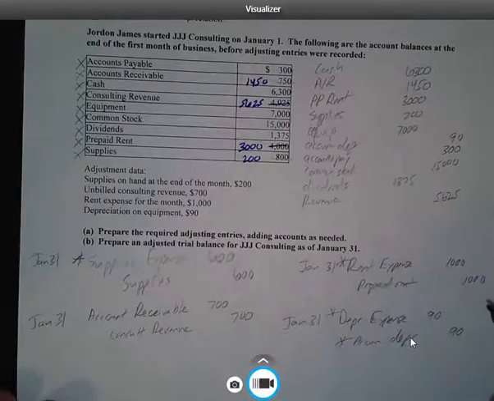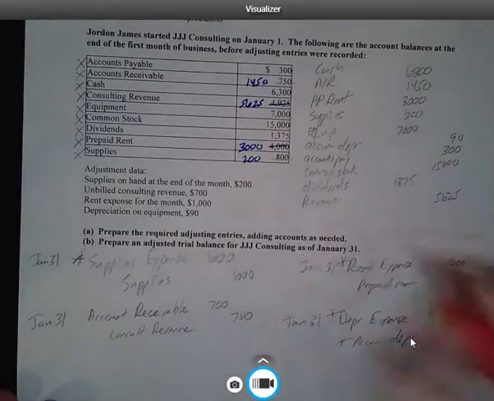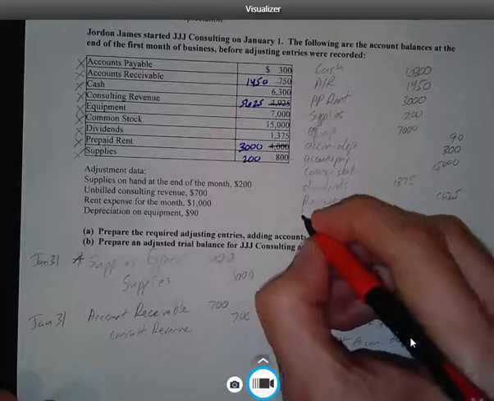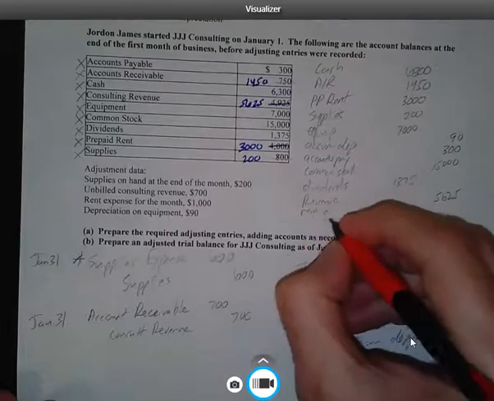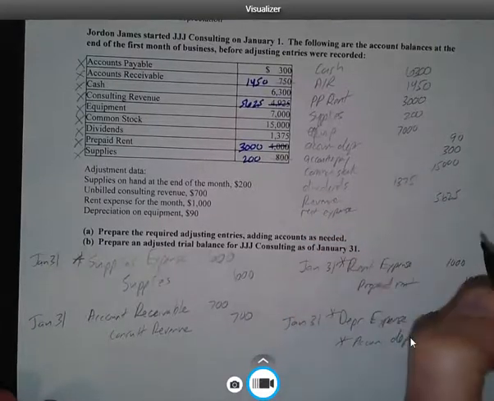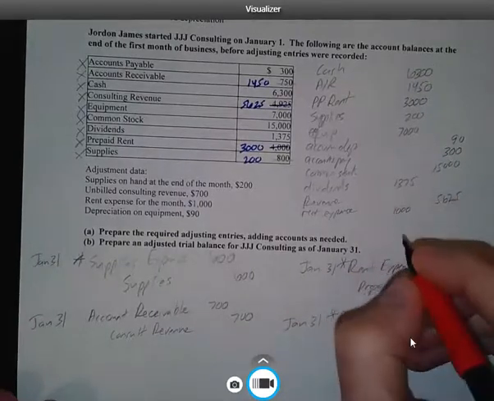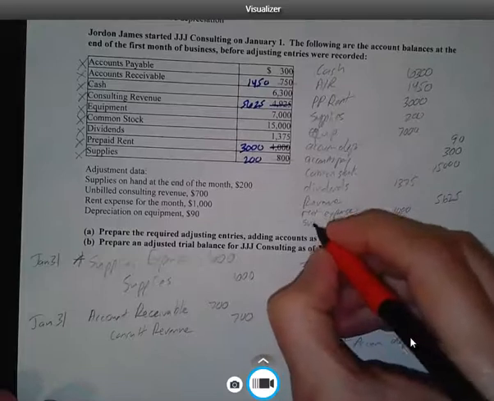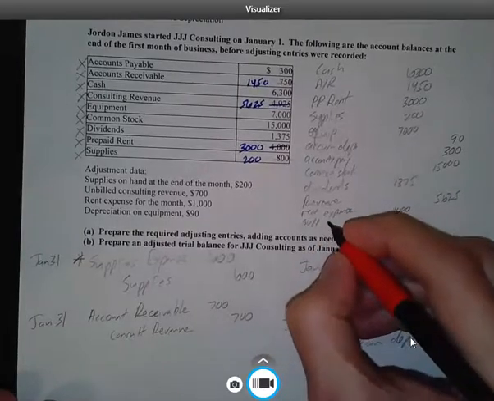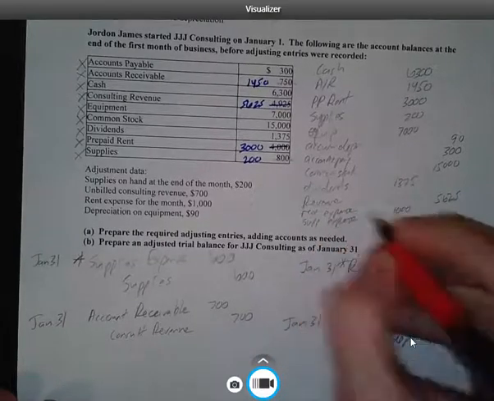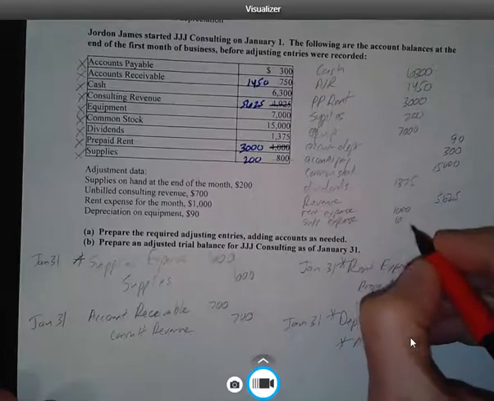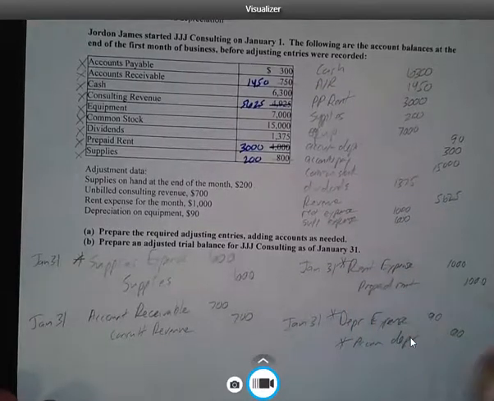And then we're going to have to do our expenses, and we'll just do these in order of how big they are. $1,000 for rent. Oh boy, I'm going to have just enough room, looks like. Rent expense, I'm sorry, supplies expense, $600.